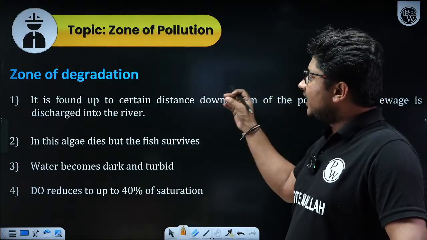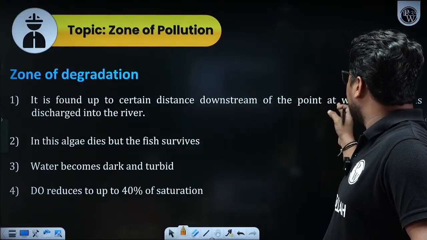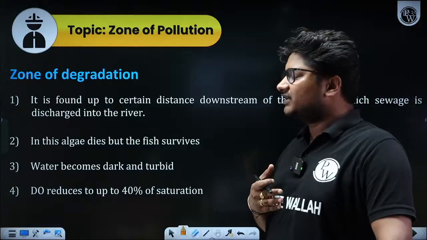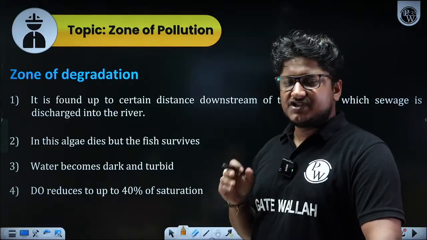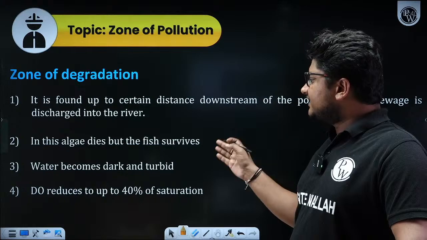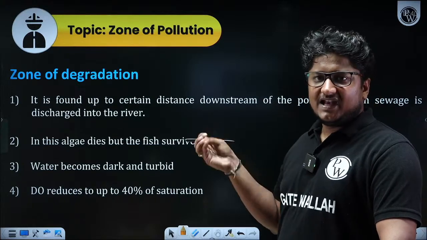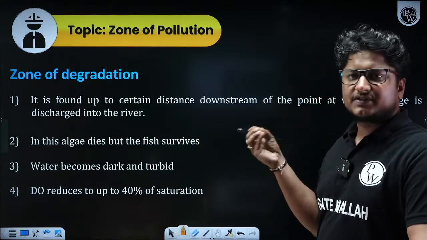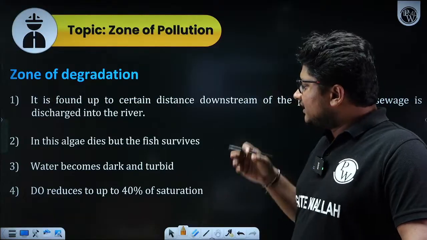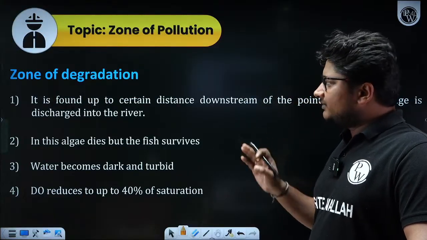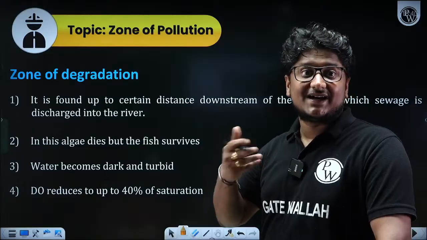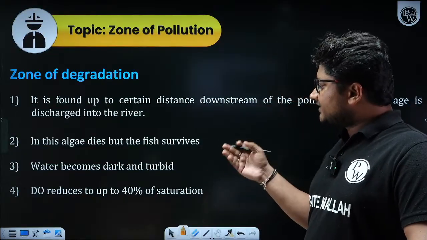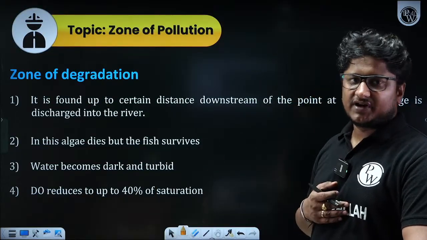It is found up to a certain distance downstream of the point at which the sewage is discharged into the river. In this zone, generally algae die but fish survive. Algae will completely die. Fish can resist up to a limit. Water becomes dark and turbid because in this phase degradation has started. DO reduces up to 40% saturation.